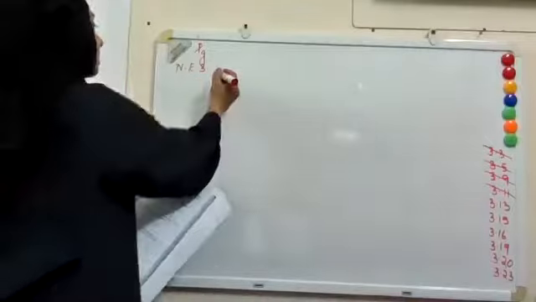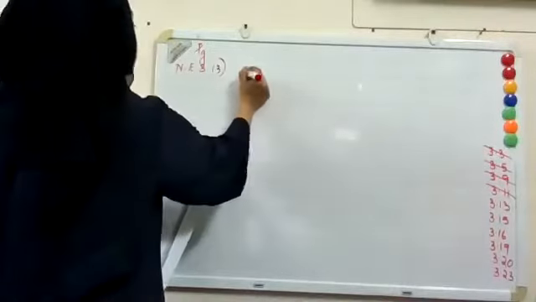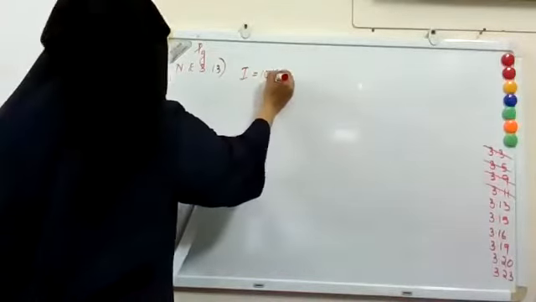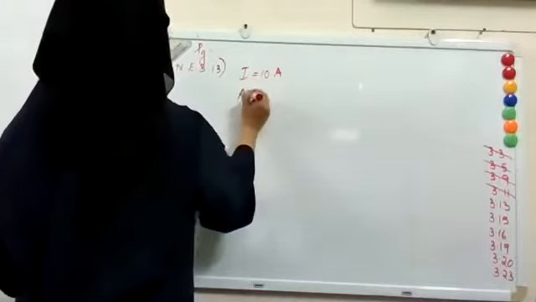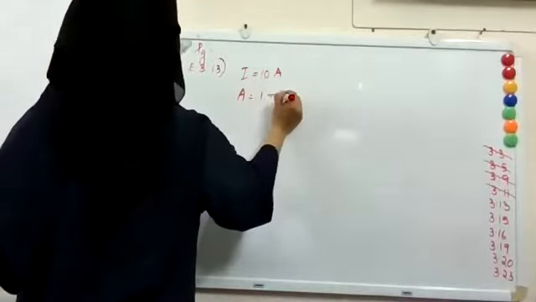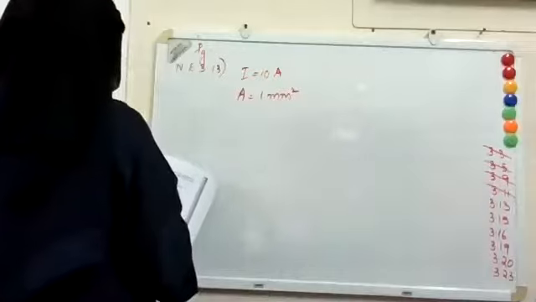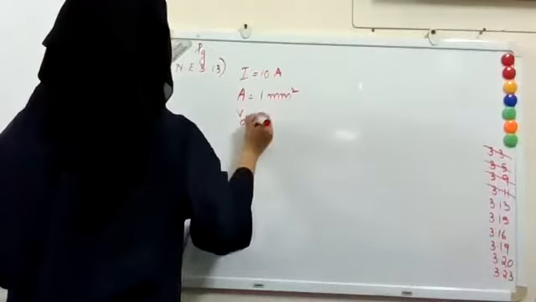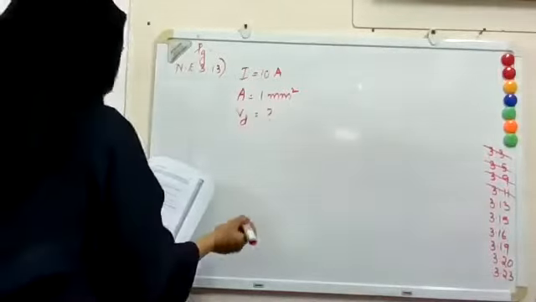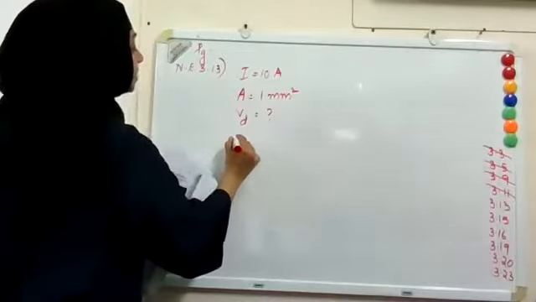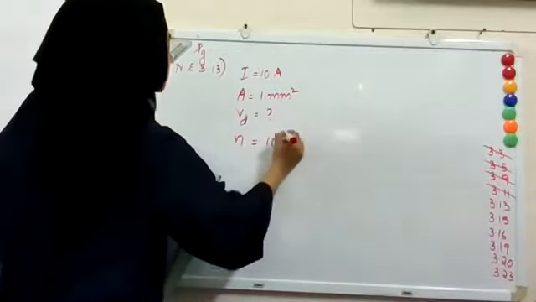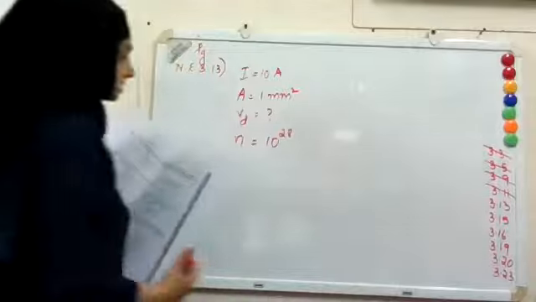So they have given current I is equal to 10 ampere and area of cross section is equal to 1 millimeter square, and you have to find the drift velocity, and the number of electrons per unit volume, or per meter cube, is given as 10 raised to 28.